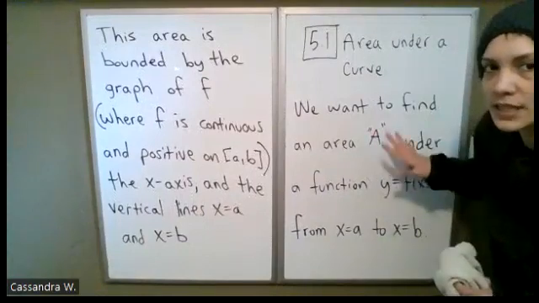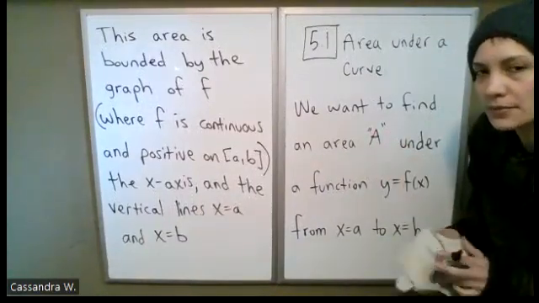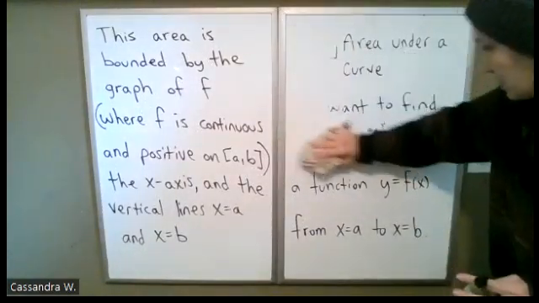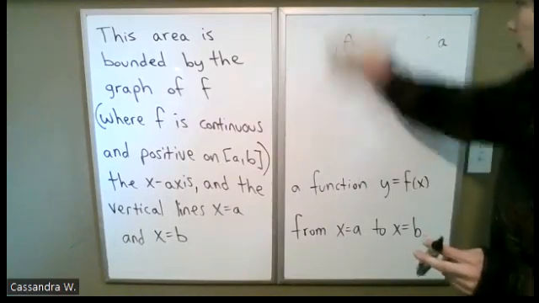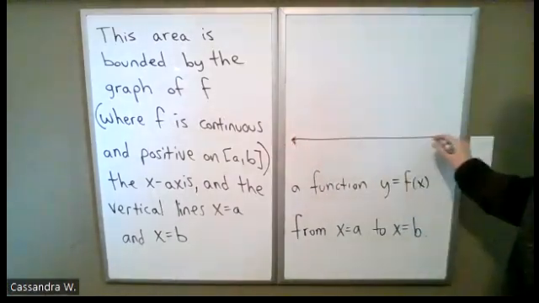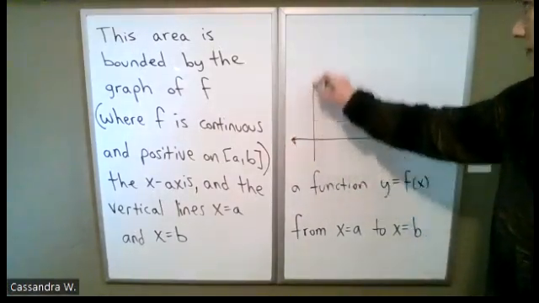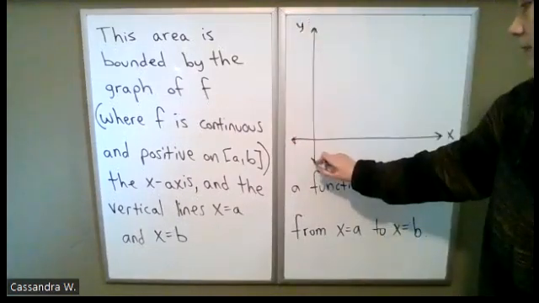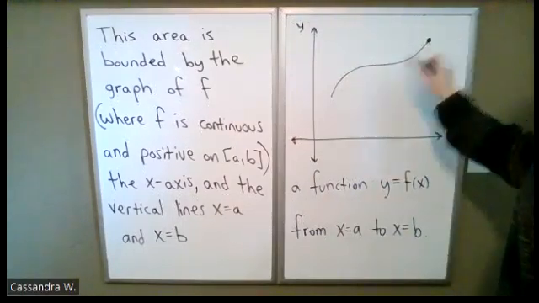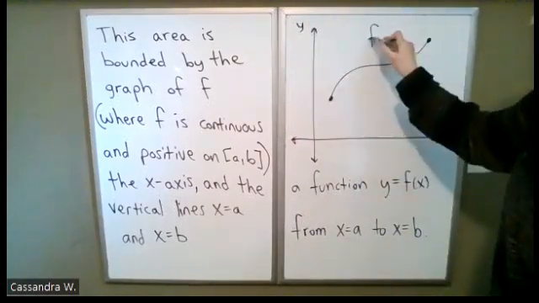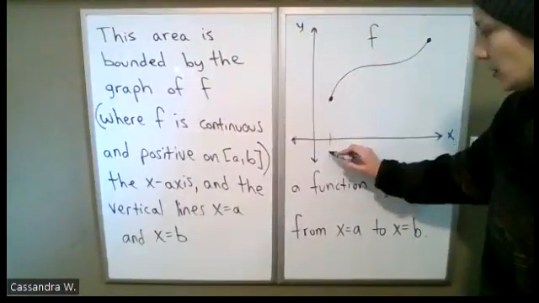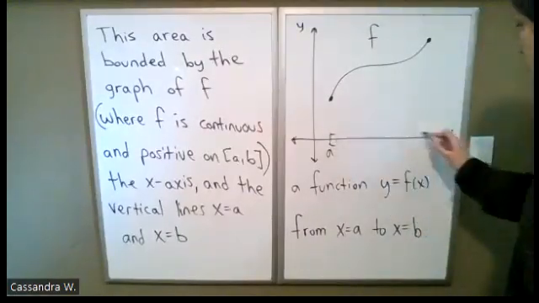Let's sketch this area. So our function f is positive and continuous. And we're going to look at the interval from a to b, x equals a over to x equals b.